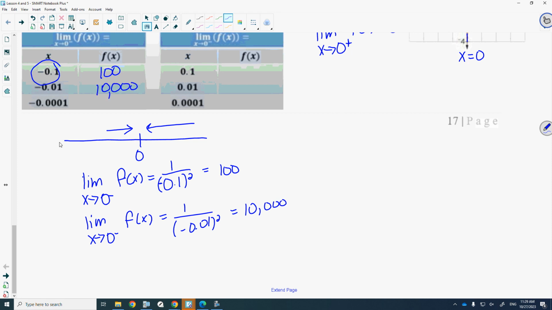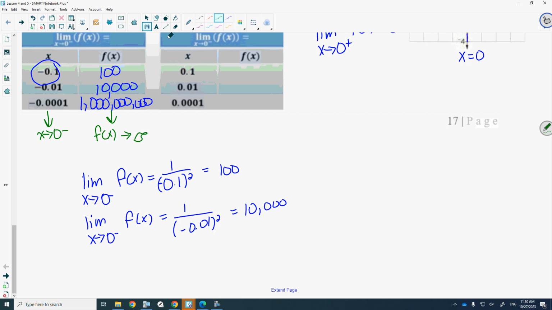Then if you punched in even closer to 0, you would get a billion for this one, a 1 with 9 zeros. So what's happening is from our left-hand limit, as x approaches 0 from the left, f of x is approaching infinity.